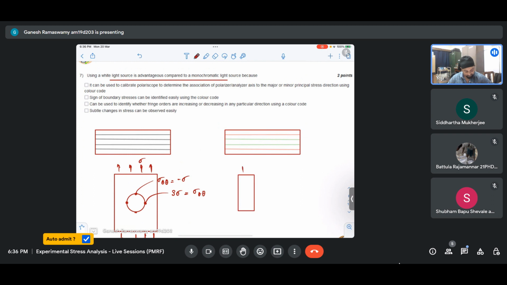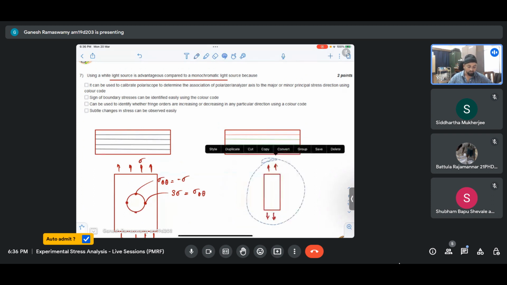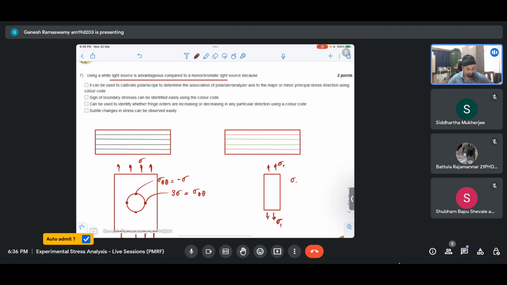Let us say we have a stress frozen model where we have applied uniaxial tension. First, we will place this in the polariscope and try to do Tardy's method of compensation. We know for a fact here that our principal stress is sigma 1 minus 0. The principal stress difference is N F sigma by t, because this is under uniaxial tension.